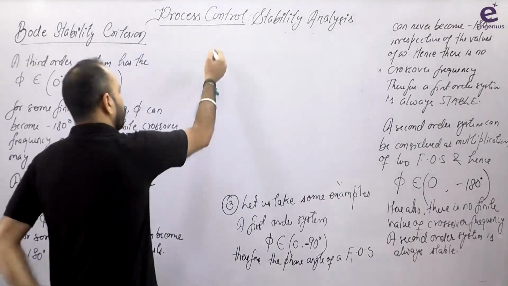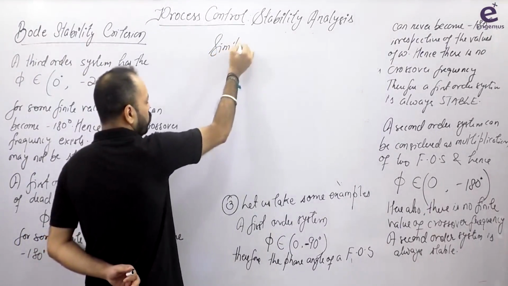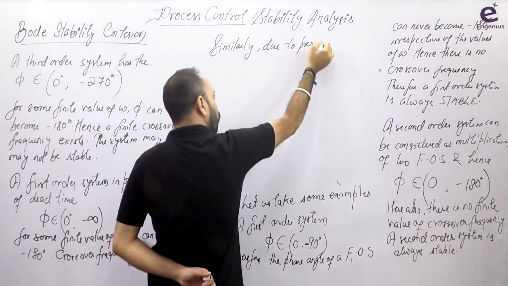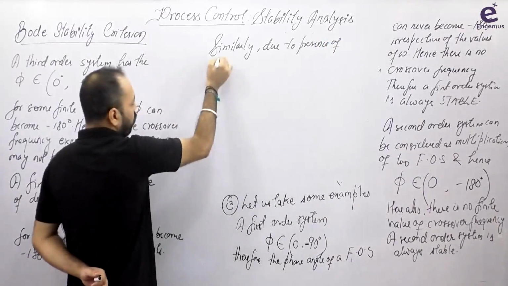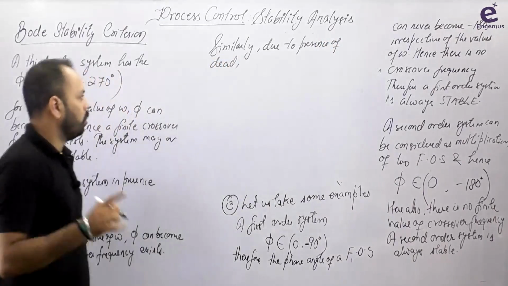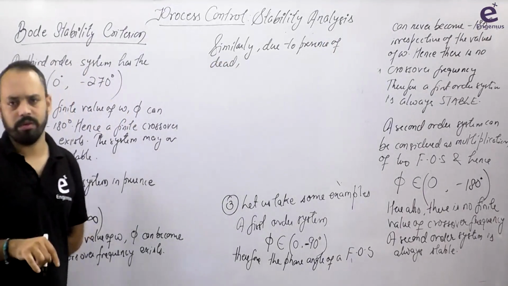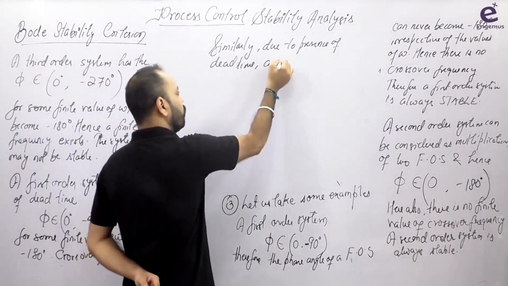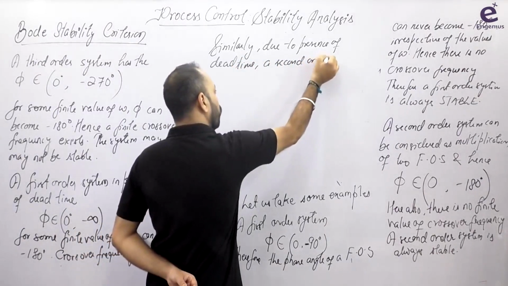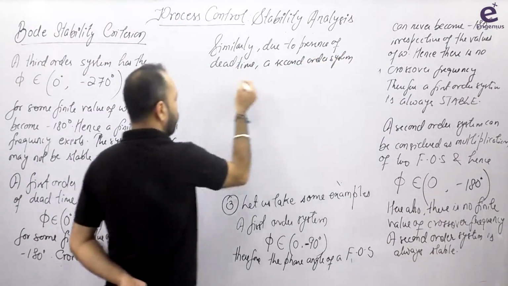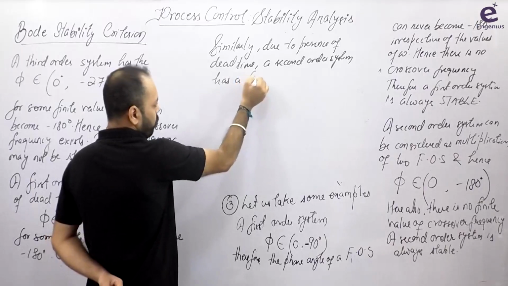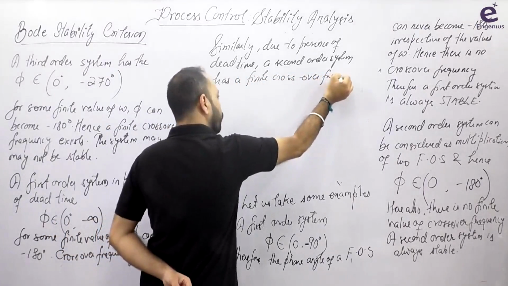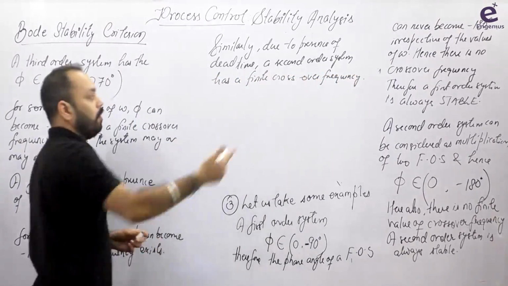Similarly, due to the presence of dead time, even a second order system can have a finite crossover frequency. Again, it is possible that the system may be unstable.